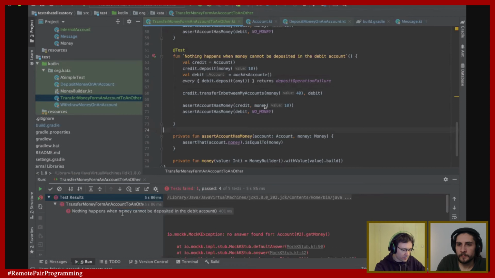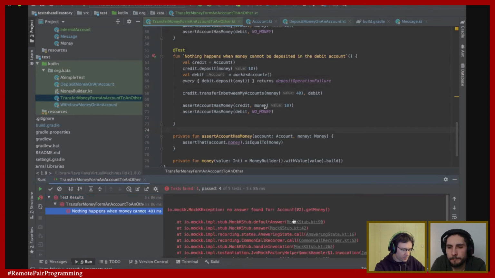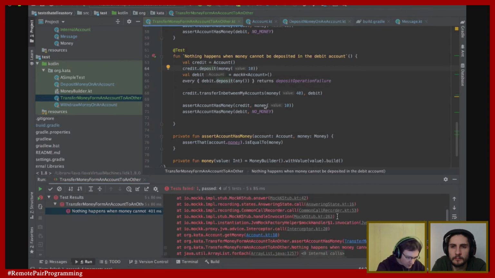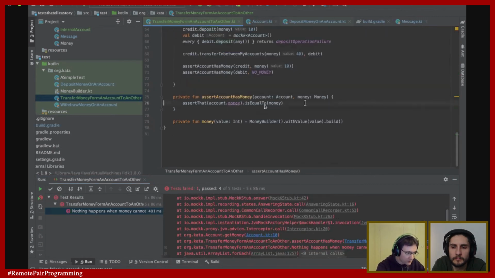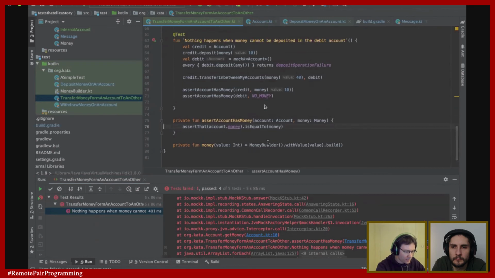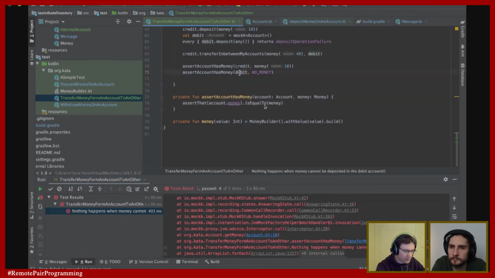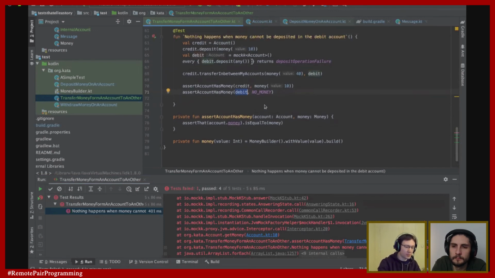Okay, so our test is not passing because there is no answer for account get money. Actually, when it fails in our session on the debit account, we try to get how much money we have here.